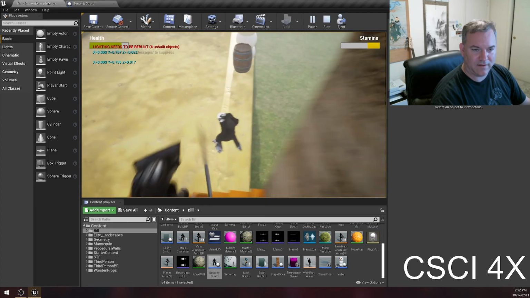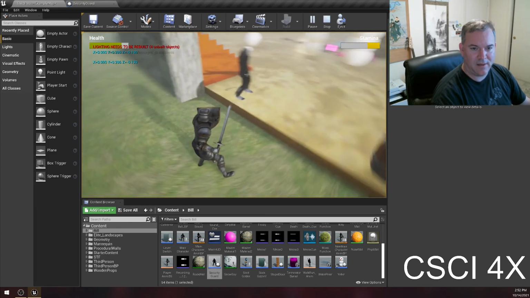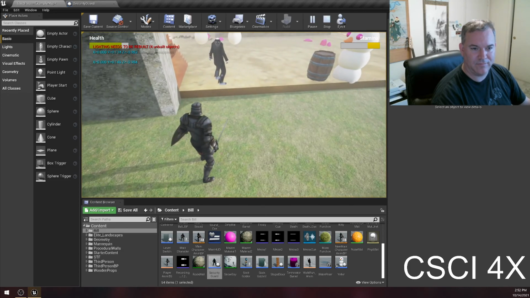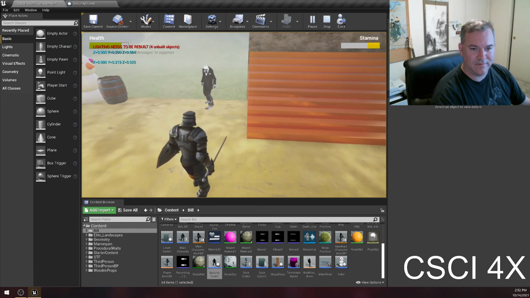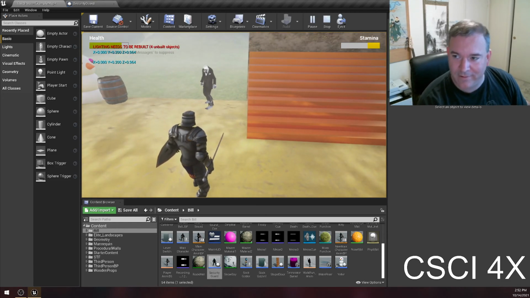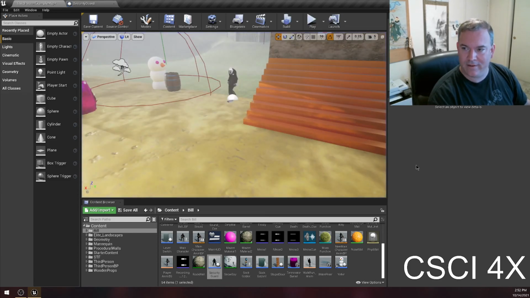So you see on one side it's 0. On the other side it's 0. Behind it's negative. And in front it's positive. So this is literally doing the dot product right now because the person has been rotated 90 degrees.